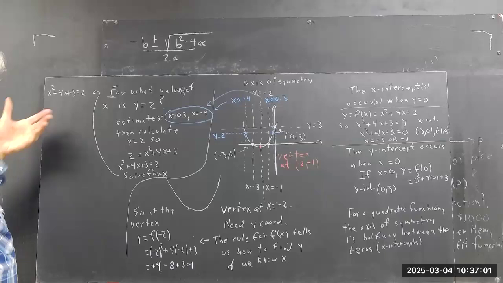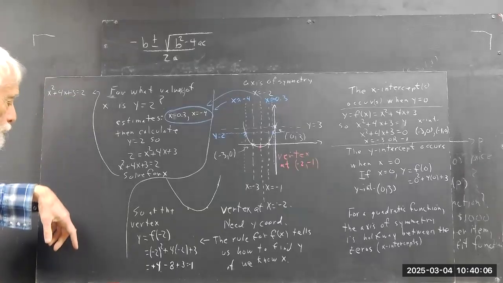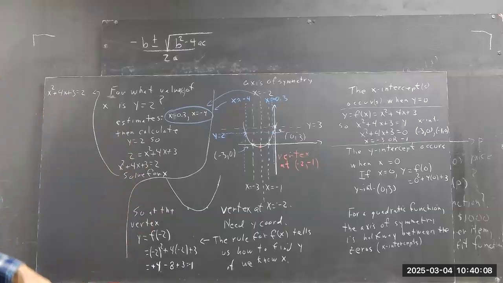So what can I do to this? How can I get this as a quadratic function that's equal to 0? By using some valid mathematical operation. Okay, so we have this equation. We want to use the quadratic function.